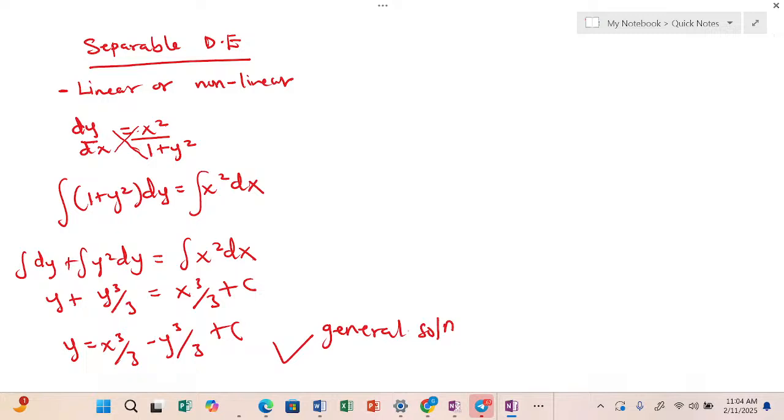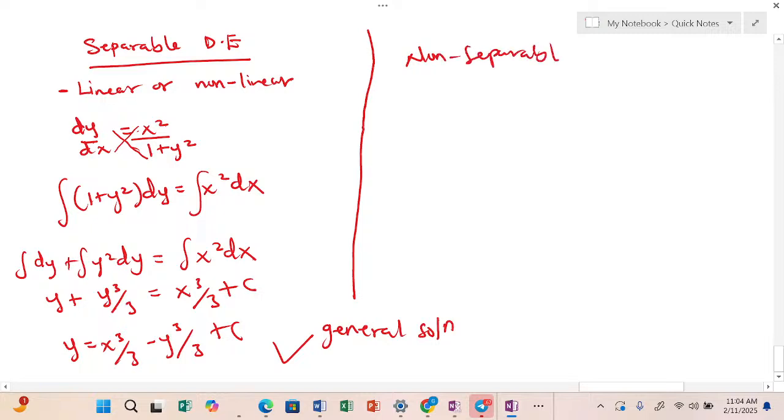So sometimes you have a differential equation where the method of integrating factors cannot solve, the Bernoulli fails to solve for us, then we consider the separable type. If it can be separated, then that's fine. If it cannot, then we look at non-separable differential equation.